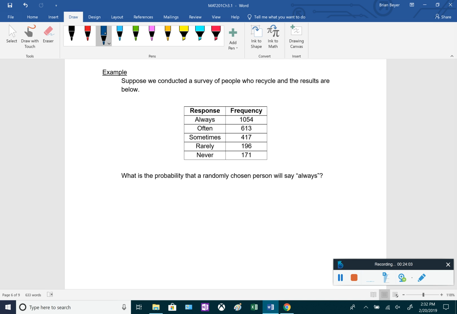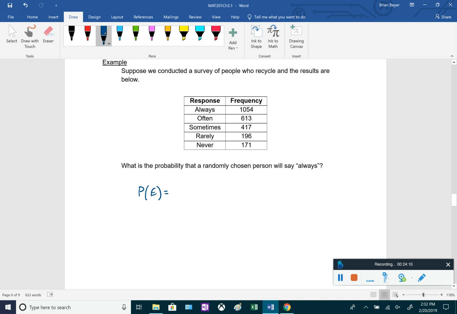So this is going to be the probability of event E. I'm just going to call this event E. It's going to equal the number of times it happened divided by the total number of outcomes. So frequency over total number of outcomes. So for always, that's right here. 1,054 people said always. The total number of outcomes is going to be the summation of those frequencies. So remember, the sigma represents summation, which is adding.